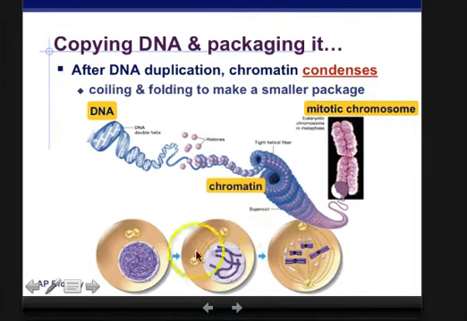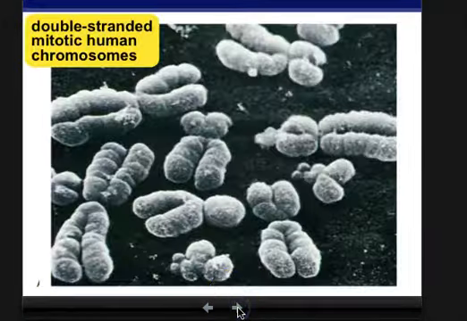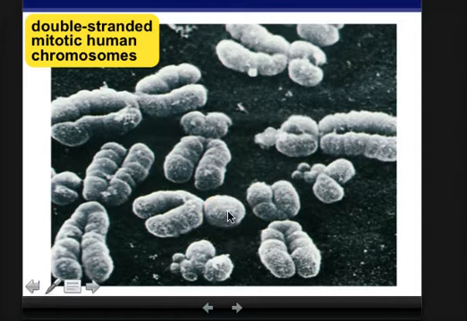I always found this really confusing, so you might want to spend a little time looking at this image and understanding the level of organization. So here's an SEM image, the scanning electron microscopy of chromosomes. They really do look like those little X's. So these are mitotic chromosomes, duplicated chromosomes.